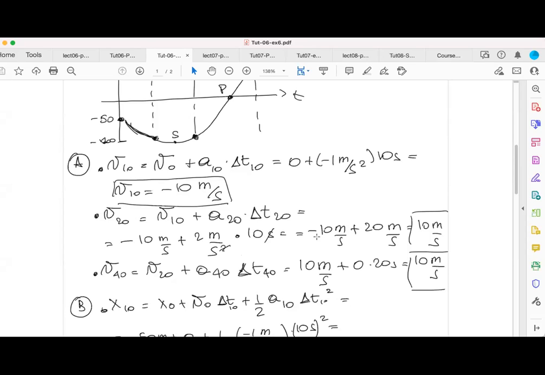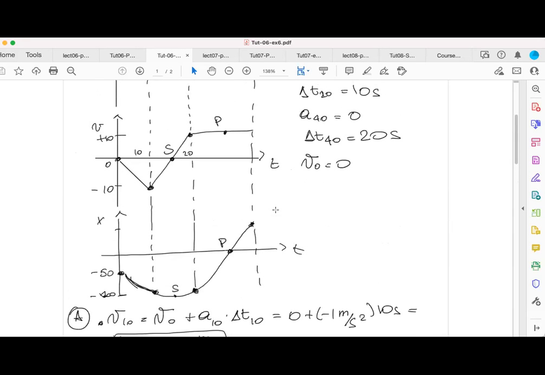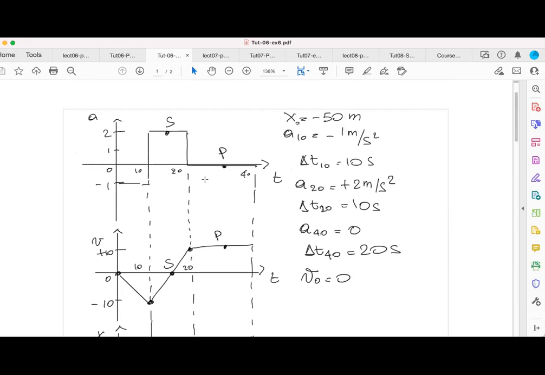And indeed, we have -10 meters per second plus 20 meters per second, which is equal to 10 meters per second. Very good. So we find the velocity at 20, actually, so in the last position. So here, the velocity at 20 is +10 meters per second.